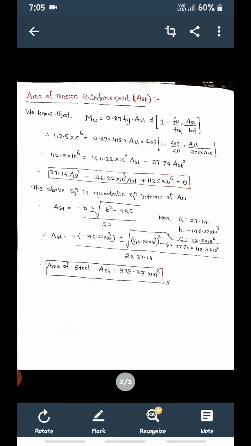Write down the formulas, important formulas, and see how these formulas can be used for solving the problems. So in the next session we'll come up with another chapter, that is calculation of deflection and crack width. If any doubts in this first chapter, yes, you can ask me, right?